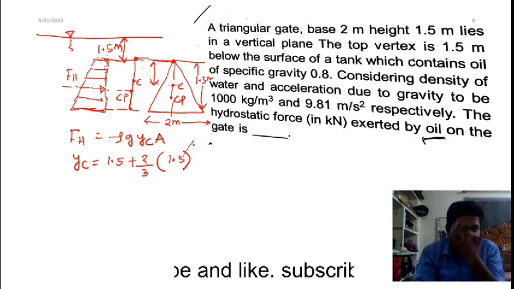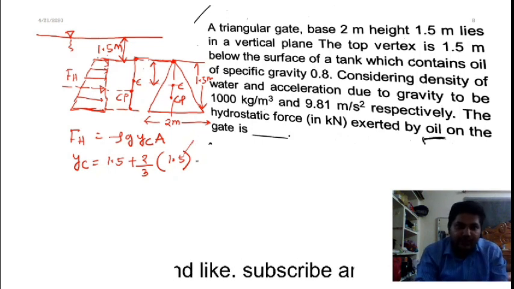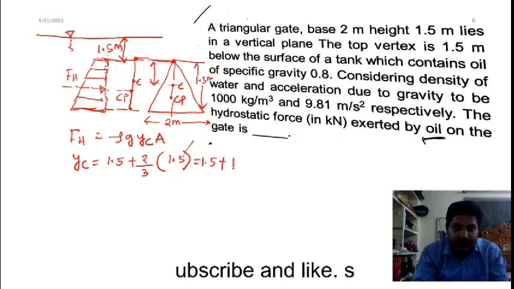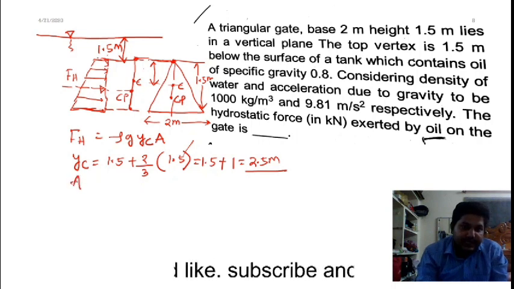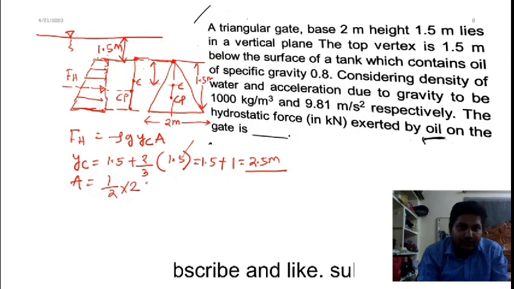So this is coming out to be 1.5 plus 1, so this is 2.5 meter. This is yc. Now the area of the triangular gate is half into 2 into 1.5, so this is 1.5 meter square.